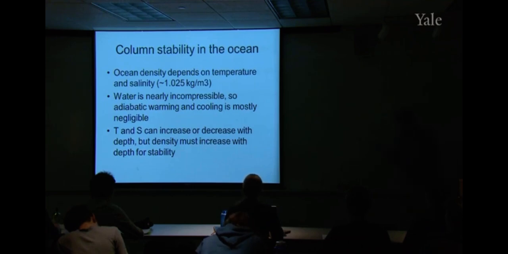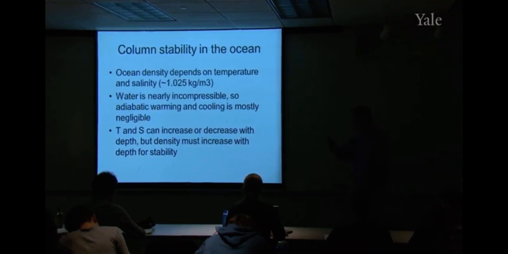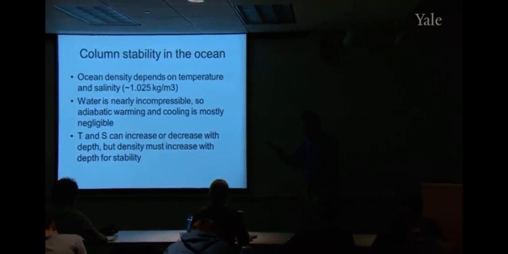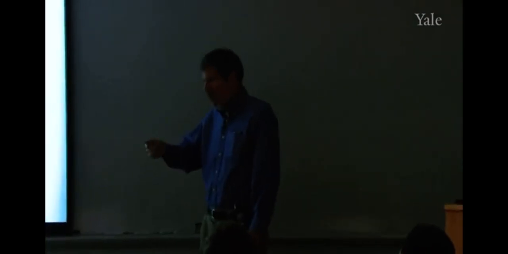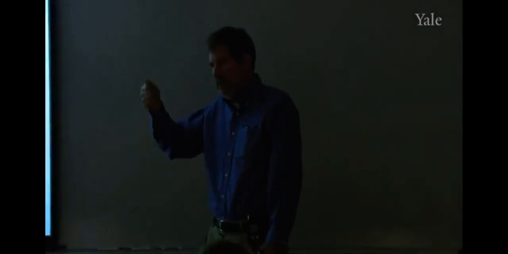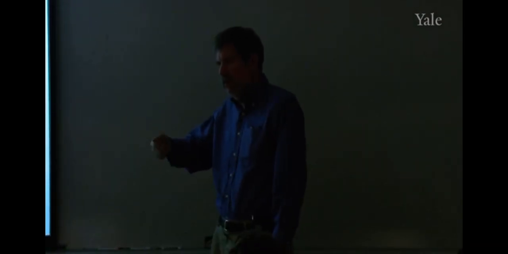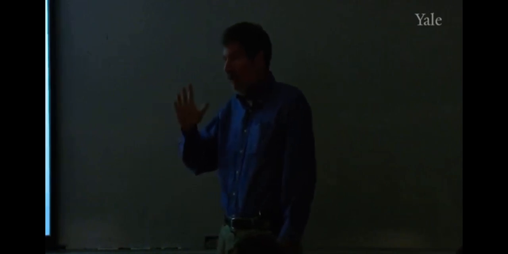Now, remember in the atmosphere, we spent a good deal of time talking about static stability. That is, we looked at the role of the atmospheric lapse rate, how the temperature changes in the vertical, to whether parcels can rise and fall easily or not, or whether that atmosphere might even be unstable and break down to convection.